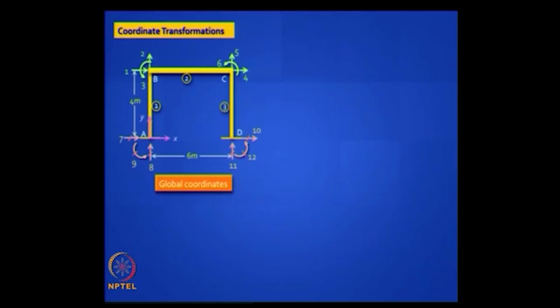Since we chose the origin at A with X pointing towards the right and Y pointing upward, we follow the same sign convention: 1, 2, 3 at joint B and 4, 5, 6 at joint C. Those green colored arrows are active degrees of freedom. We also have restrained degrees of freedom, and they are 7, 8, 9, 10, 11, 12 following the same sequence, and once we know those, we know the support reactions and so on.